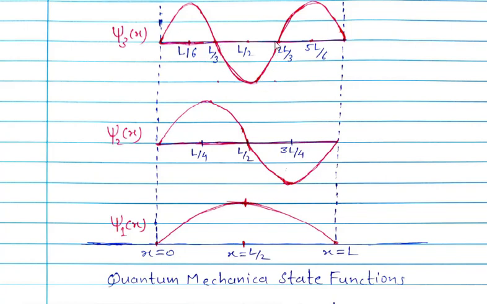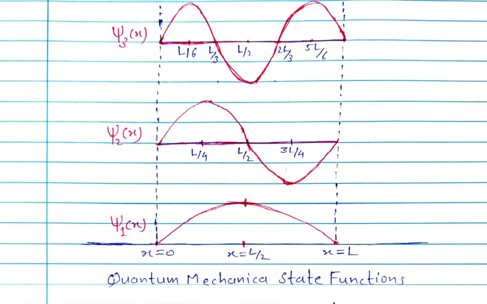The same thing happens to this curve. It also becomes positive for the second excited state function. At the same time, the amplitude was root 2 by L, and in the probability density its square would be 2 by L. So the amplitudes will be a little bit more in all cases as compared to the quantum state functions, and the negative portions will appear as positive in the probability density function.